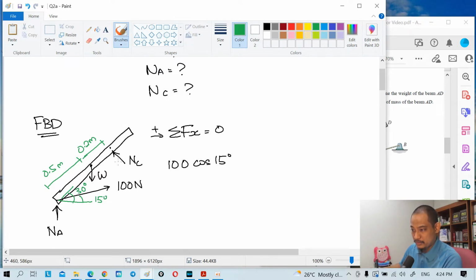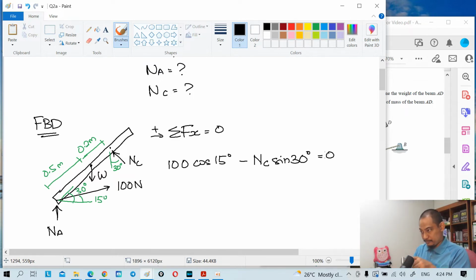This will be 30 degrees, right? Minus NC sine 30 degrees equal to 0.